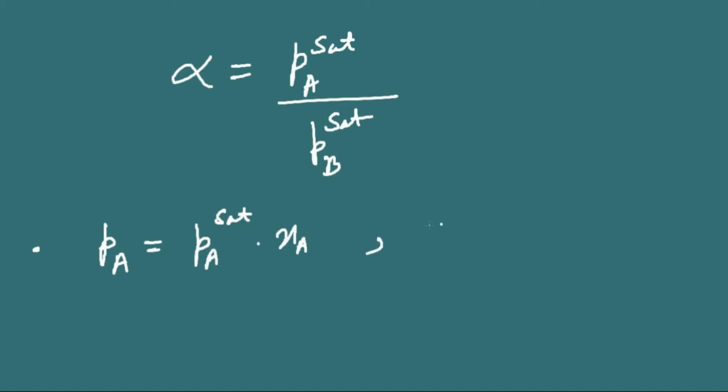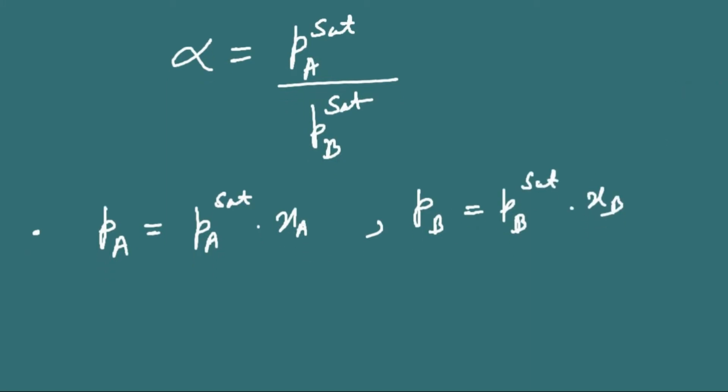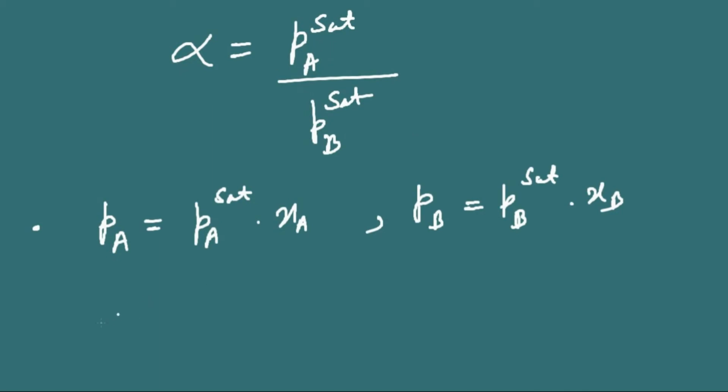Similarly, for toluene I can write PB equals PB sat times XB. I will substitute this in this equation, and what I get is alpha equals PA by XA into XB by PB.